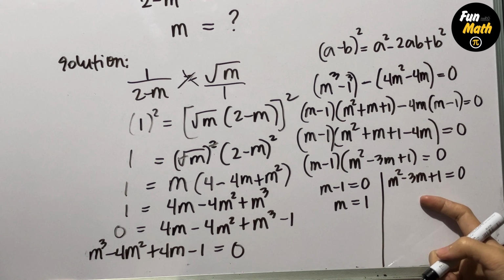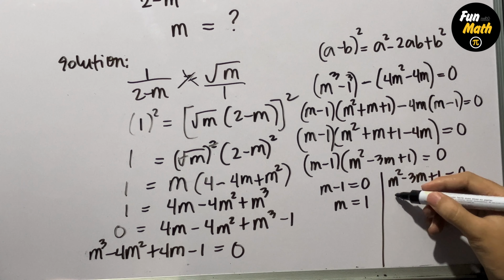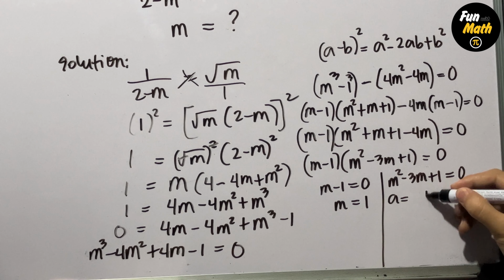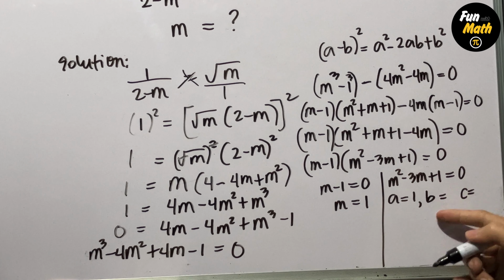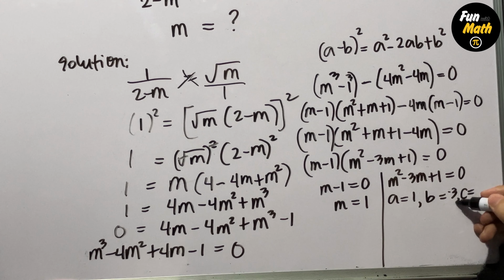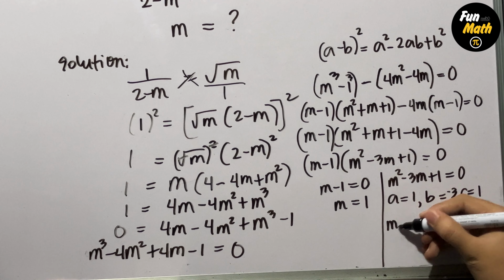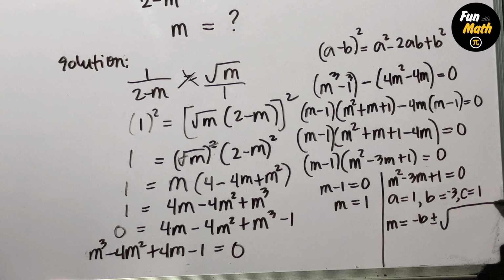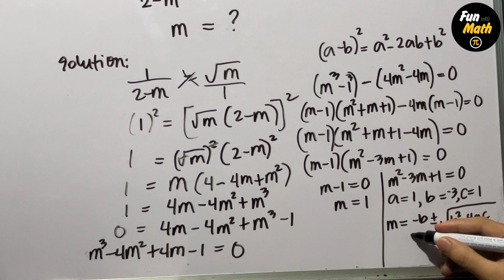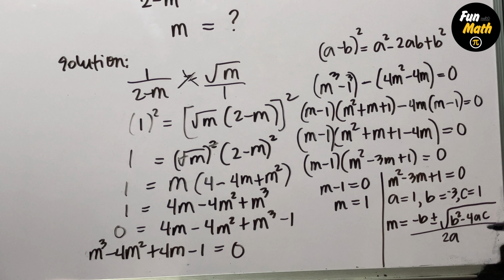But we need to identify first the values of a, b, and c. For a, that is 1. For b, that is negative 3. For c, that is positive 1. And the quadratic formula is m is equal to negative b, plus or minus the square root of b squared minus 4ac, all over 2a.